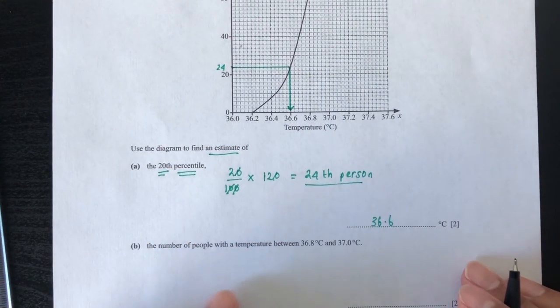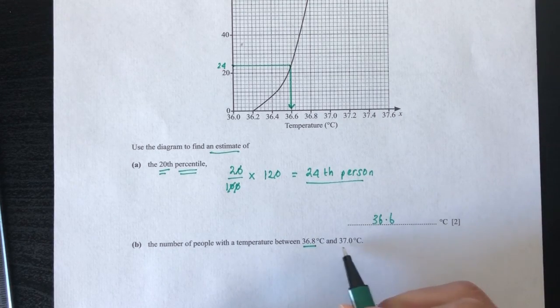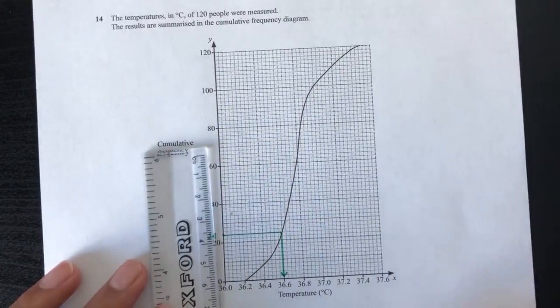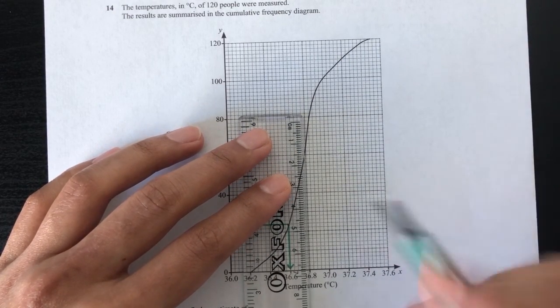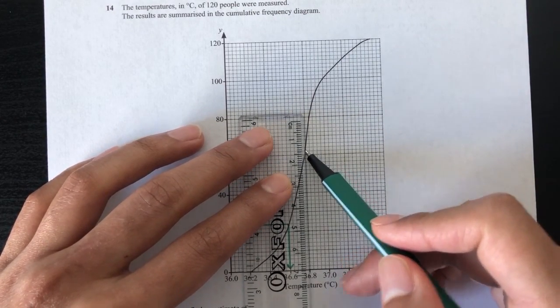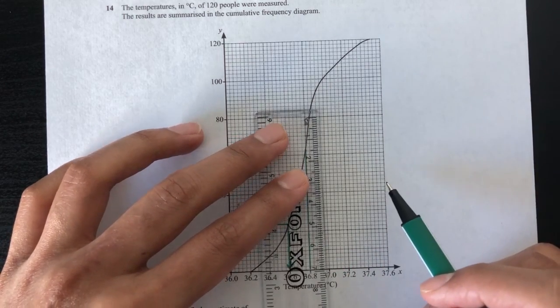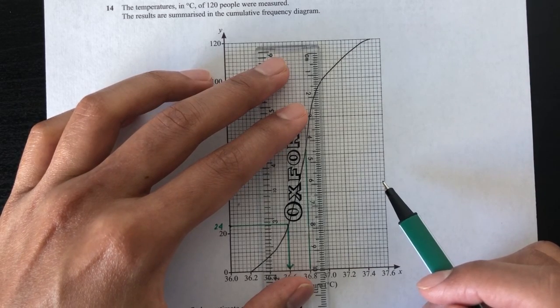So now for part B, estimate the number of people with temperature between 36.8 and 37. Okay, so first, let's go on the graph and find where 36.8 is. It is this. We have to draw a vertical line to cut the graph. And where is 37? It is here. And we do the same thing.